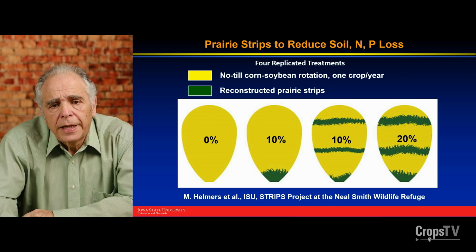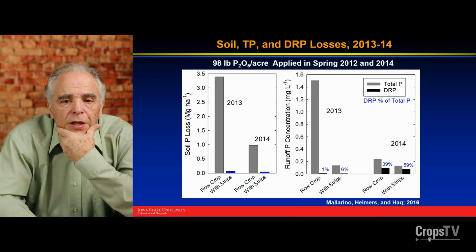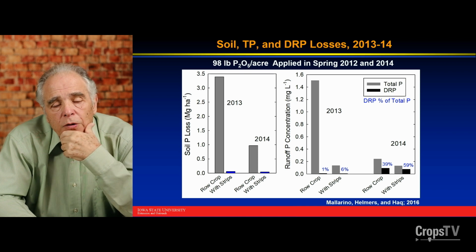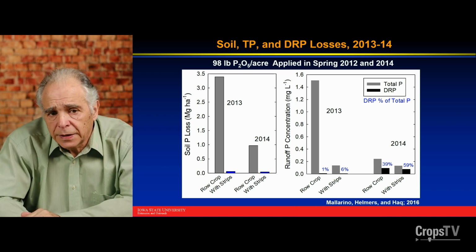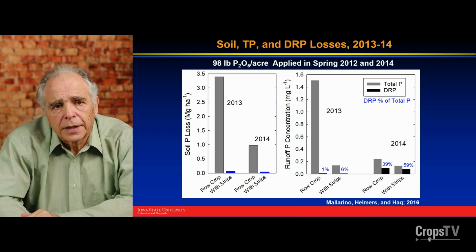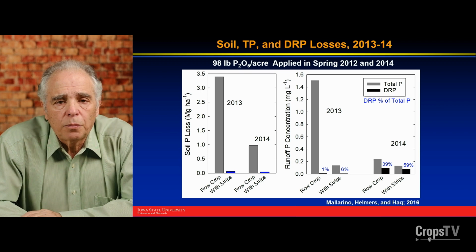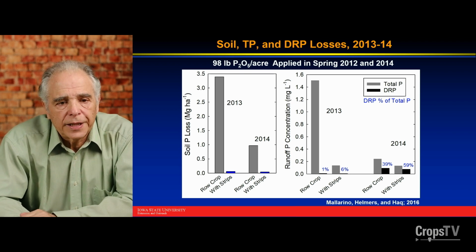Okay, they work a lot with total P. They never measured dissolved P. So, in 2 years, 2013 and 14, I volunteered to do the analysis of dissolved P. Okay, so what this chart shows is the soil P loss on the left, okay, for 2013 and 2014.